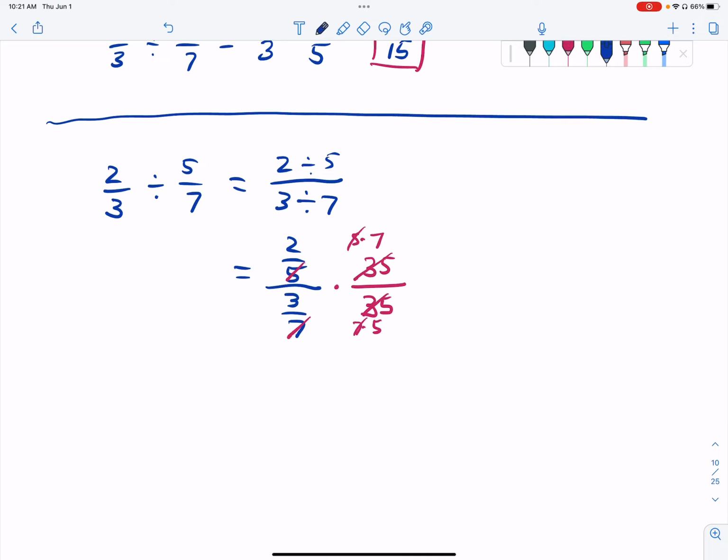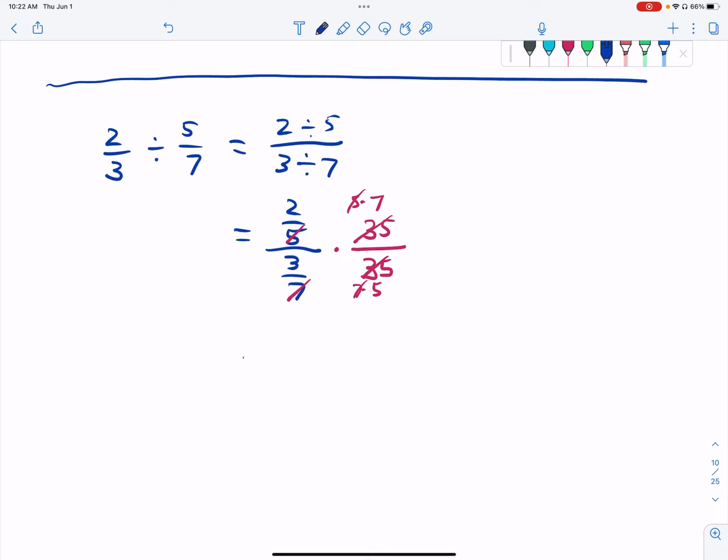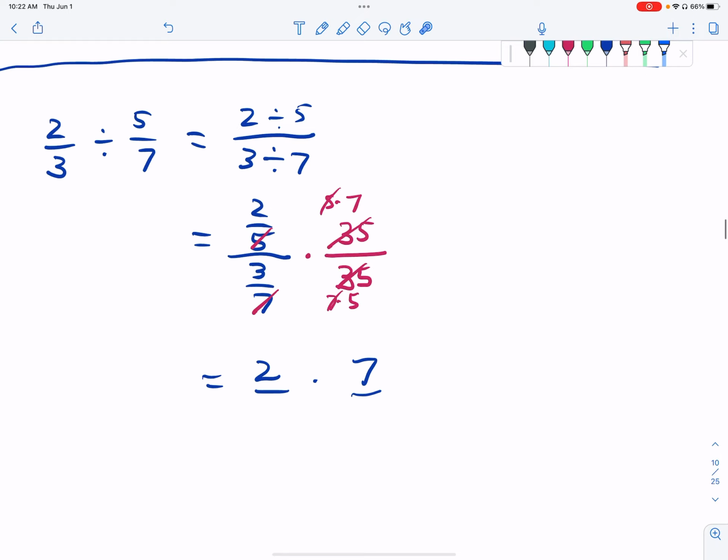Just for clarity, I'm going to rewrite this problem. The only thing that I'm left with up here is the 2, and the only thing that I'm left with over here is the 7. So it is 2 times the 7. And then on the bottoms, the only thing that's left over is 3, and this one has a 5. So a 3 and then a 5.